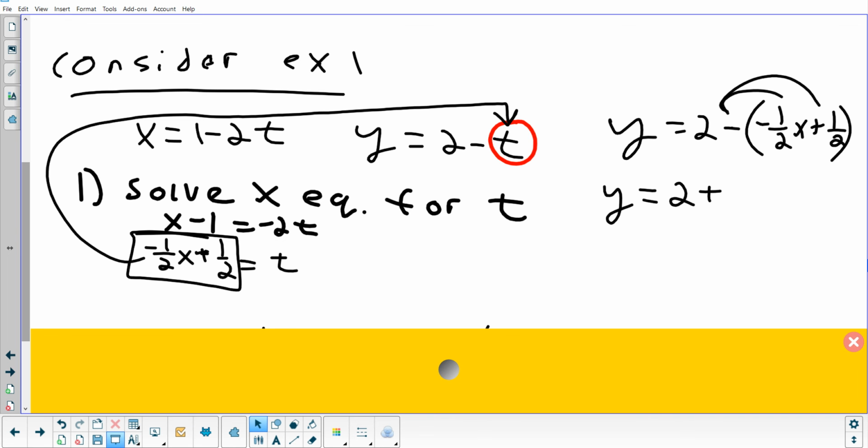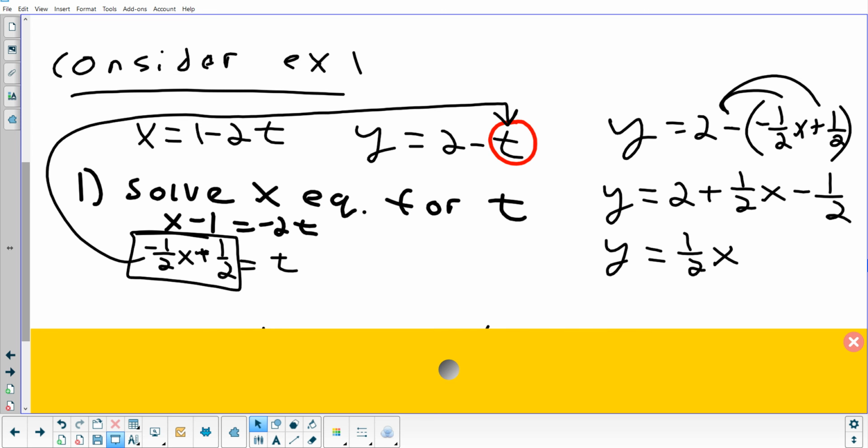So 2 plus 1/2 x minus 1/2. I don't have anything I can combine with the 1/2 x, so that's going to stay the same. And then 2 minus 1/2.